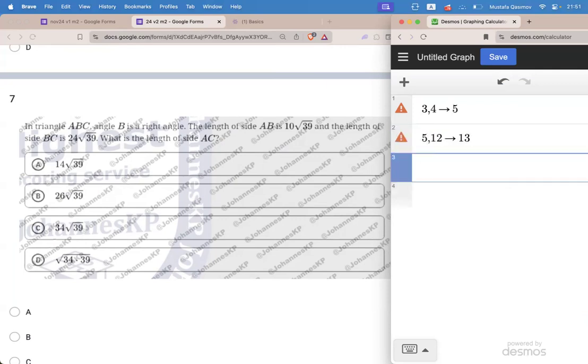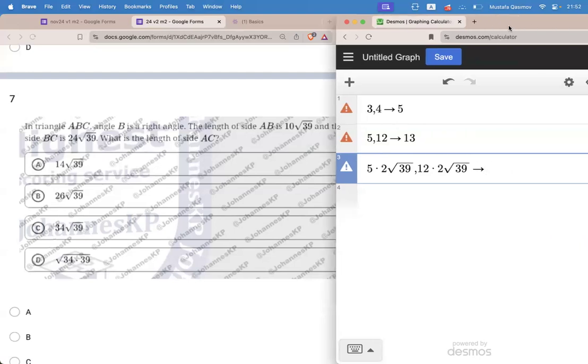So this 10 square root of 39 is actually 5 multiplied by 2 square root of 39. 24 square root of 39 is 12 multiplied by 2 square root of 39. And as a result, it will be 13 multiplied by 2 square root of 39. So the answer is B. Any question?